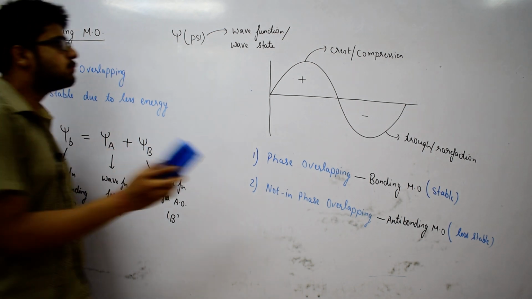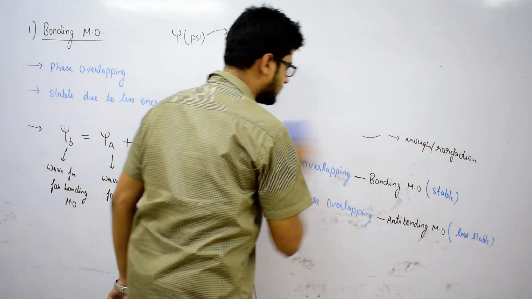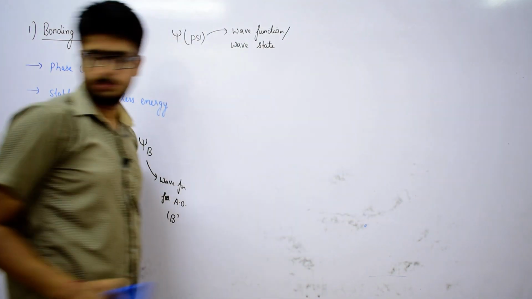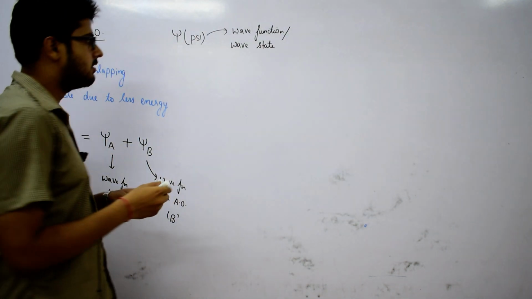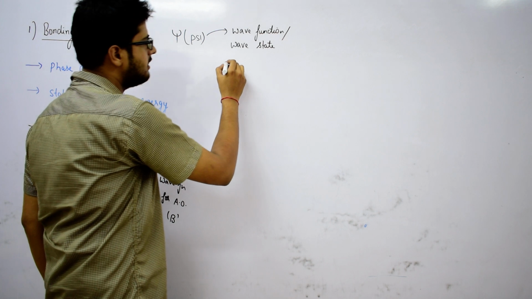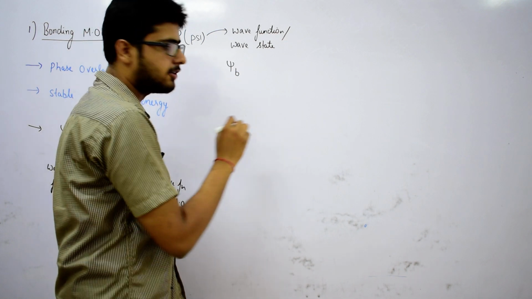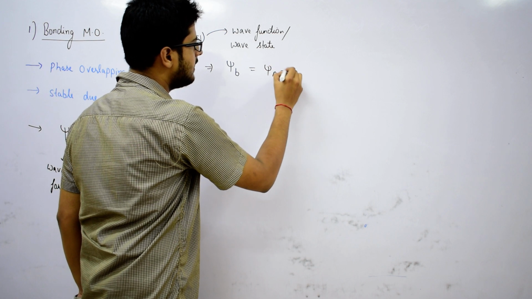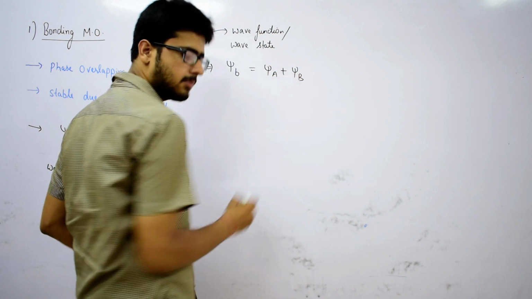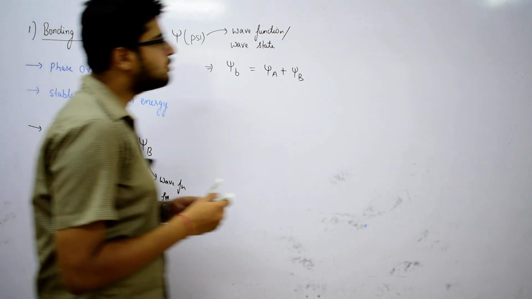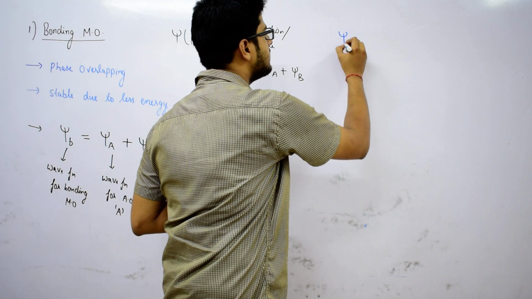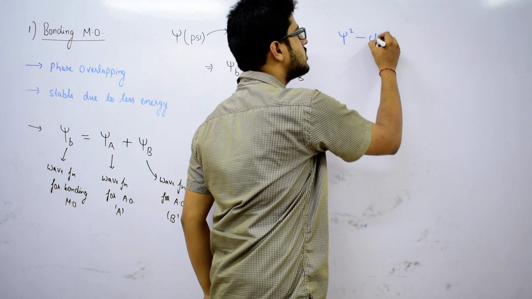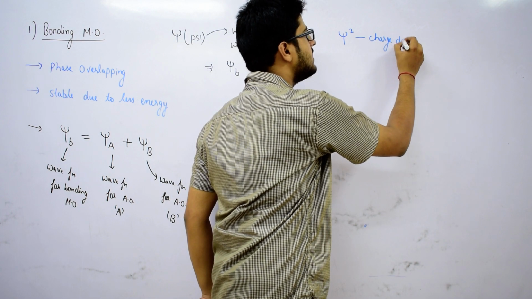Now, we will introduce one more term in this concept, and that is the psi square term. Earlier we have written the equation in the form of wave function, that is psi b is equal to psi a plus psi b. Now we will introduce psi square, and this psi square represents charge density.